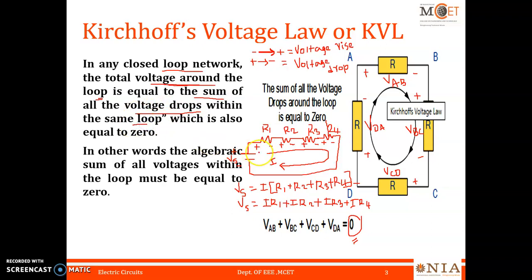Otherwise, we can say that in a closed circuit, the algebraic sum of the voltage rise and the voltage drop is equal to 0. So that is Kirchhoff's voltage law. I hope that you have understood the concept of Kirchhoff's current law and Kirchhoff's voltage law. Thank you.